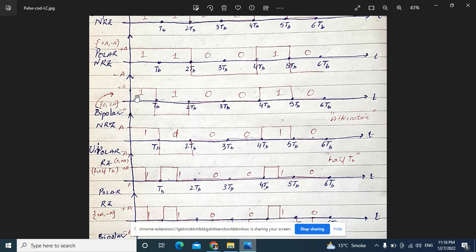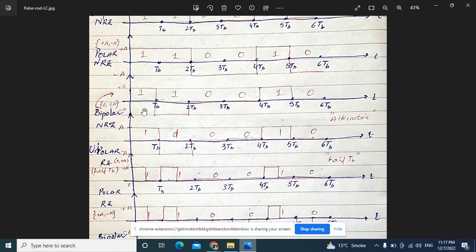The first bit is 1, so the assignment is positive A. The second bit is again 1, so it means a negative A assignment, and the third bit is 0, so the amplitude is 0. The fourth bit is 0, so again the amplitude is 0. The next bit is 1, so you need to see what the last assignment was when the bit was 1.